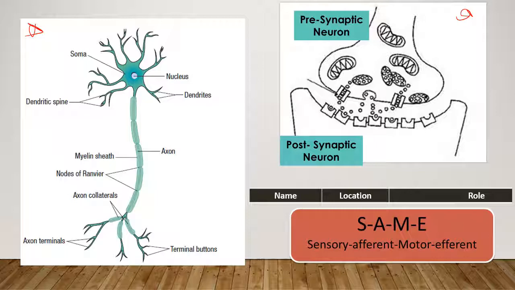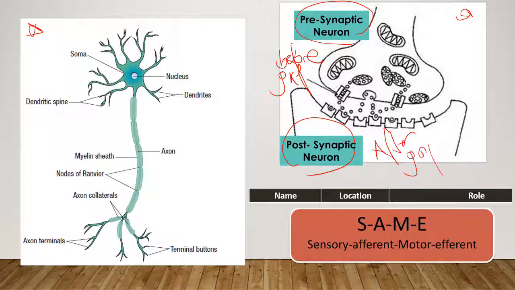So just remember that when we are talking about neurons, we are talking about them in terms of the presynaptic neuron, so this is before the gap, and the postsynaptic neuron, and that is after the gap. Just remember that both neurons can be pre or postsynaptic neurons, okay? It just depends on where that structure sits before or after the gap.